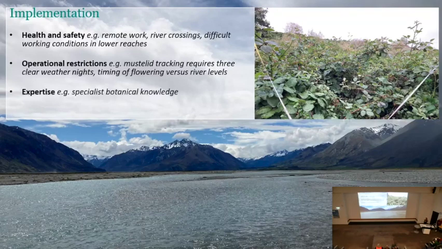And then, of course, expertise. There's a lot of specialist plant species, as Jazz described in his talk. How do you get that specialist botanical knowledge onto the project while also acknowledging that this is a project that will have little bursts of energy during particular seasonal time periods? So I've highlighted here that we've got this timing of the flowering of grasses, which is required to really identify particular species, versus river levels, which change seasonally depending on snowmelt.